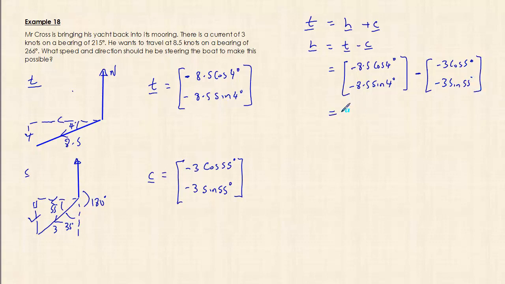And if we calculate that, then we get negative 6.76 and 1.86.